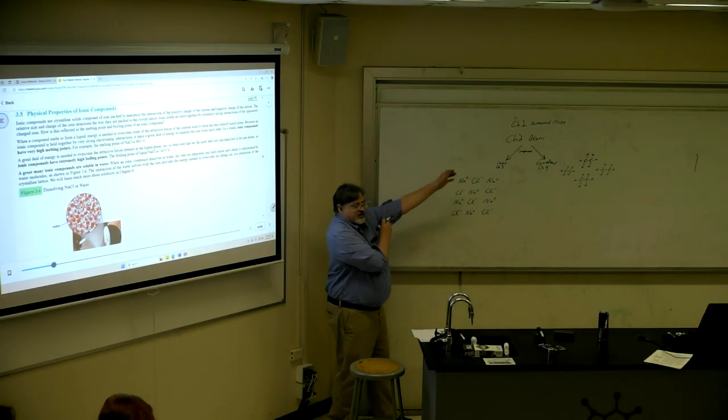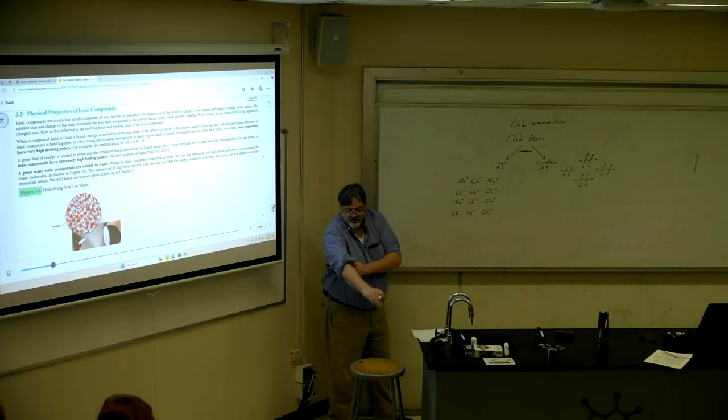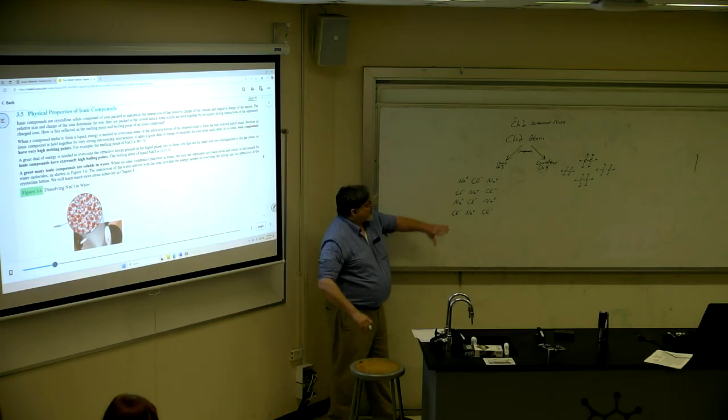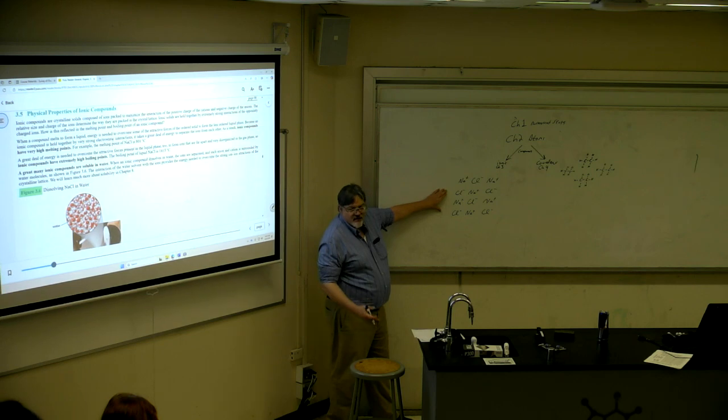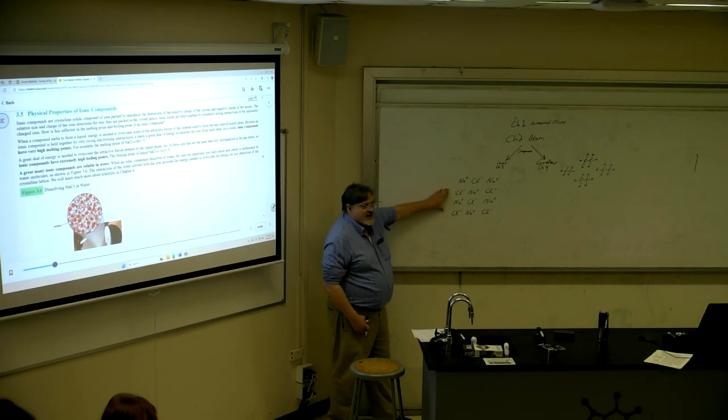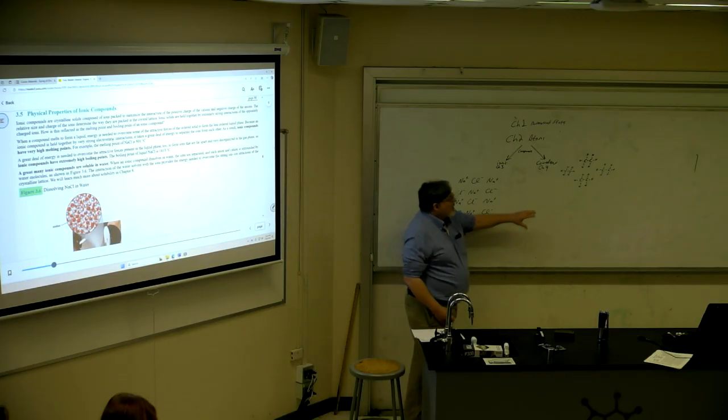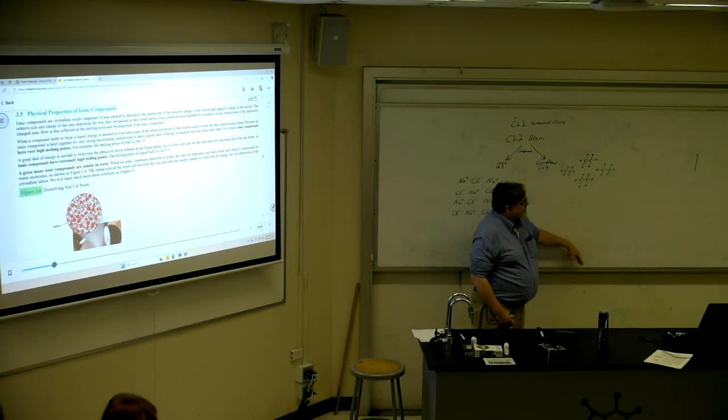In a lab, of course, we can create heat sources and make molten ionic solutions, but for the most part, an ionic compound is just pretty much always a solid, certainly at room temperature, but even way above room temperature. Even in your oven at home, you can't get these to melt, much less turn into a gas.